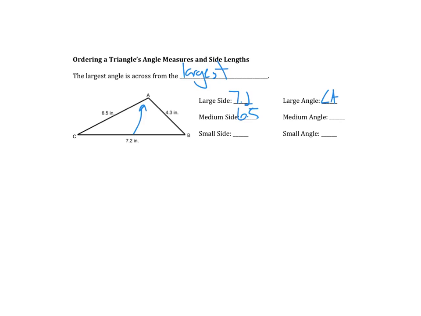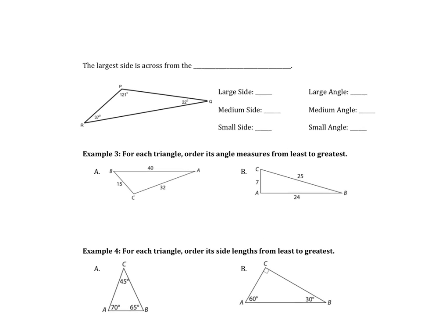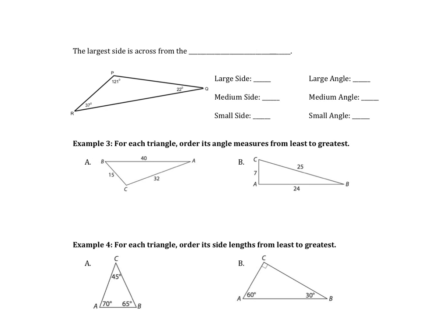And the angle across from that is angle B. And then our smallest side is 4.3, and the angle across from that is angle C. Okay, so again, the largest side is across from the largest angle.